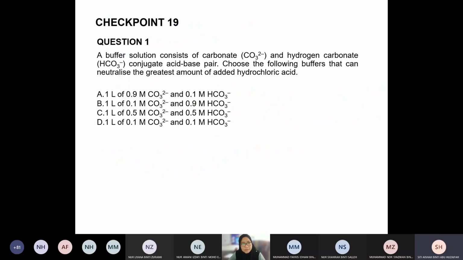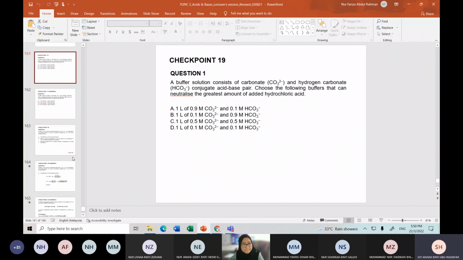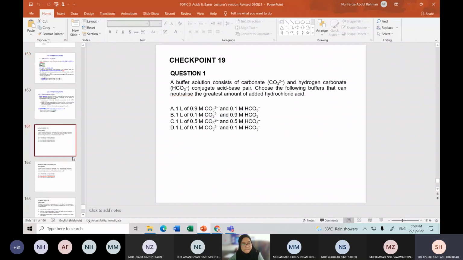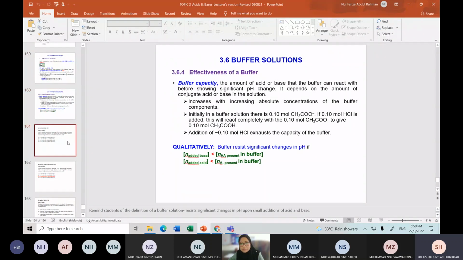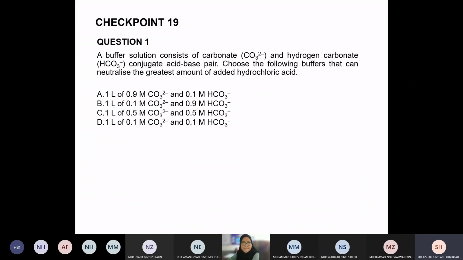Okay, try this. Try checkpoint 19. Let's finish off all the checkpoints, then we can close the book on buffer. What's the question? A buffer solution consists of carbonate and hydrogen carbonate conjugate acid-base pair. So is this a basic buffer?